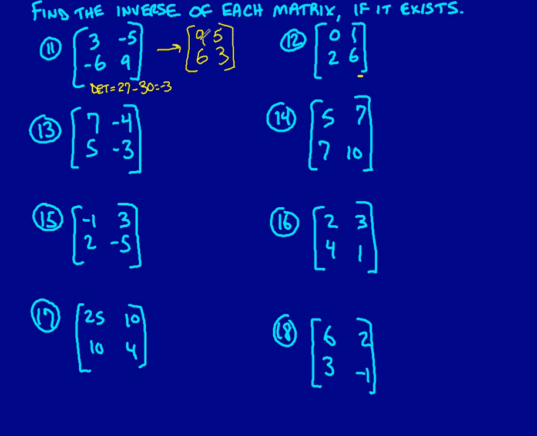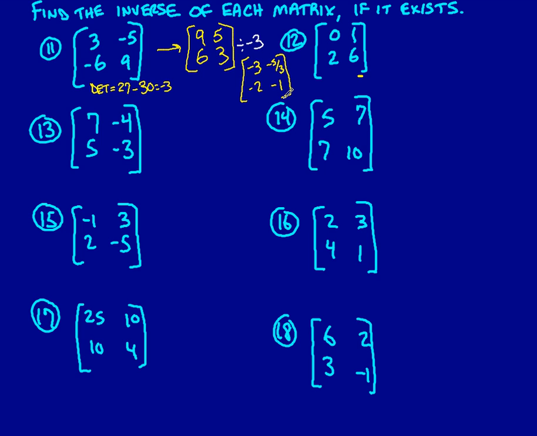I need to take each one of these numbers and divide it by negative 3. So that means my final answer here for this top guy will be negative 3. This guy down here will be negative 2. Negative 1, and I can't do 5 divided by negative 3, so I'm just going to leave it as that fraction, negative 5 over 3.